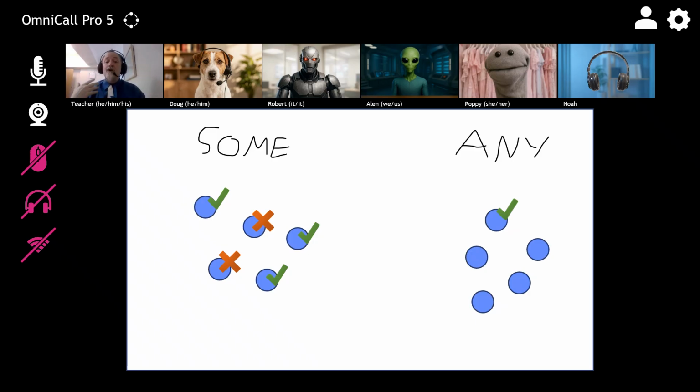Yes. No matter which one we pick, it's always going to be yes. It's always going to be 100% of the group, but we're only picking one item. So in this way, the word any is like the definite and indefinite articles that we learned about. It means one, but it can be from the whole group.